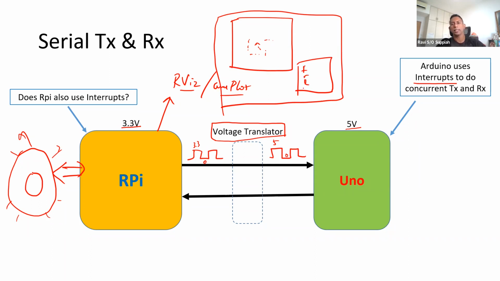You keep sending commands continuously, and these commands are sent from the Rpi to the UNO. You are going to use a simple text terminal to send commands from the Rpi to the UNO, and the UNO is the one that is connected to all your hardware.